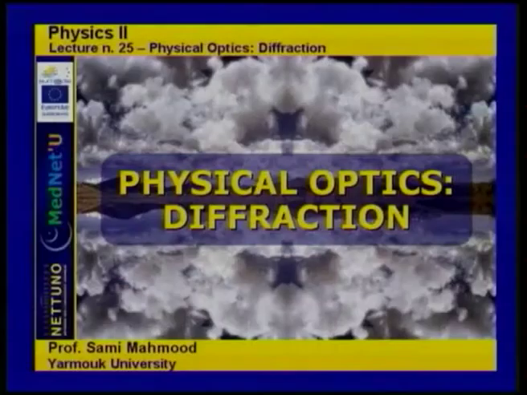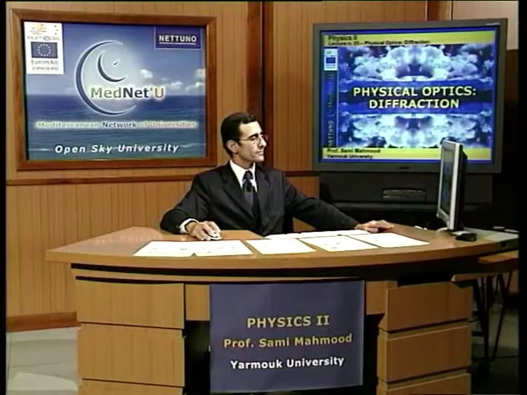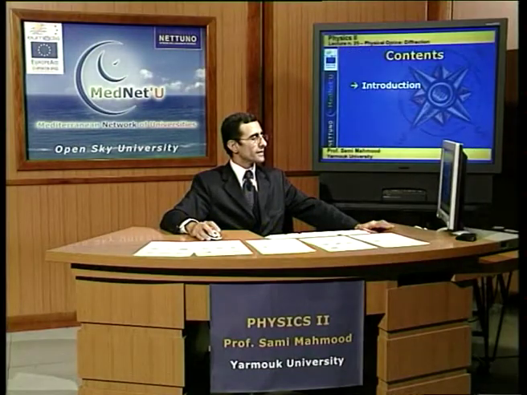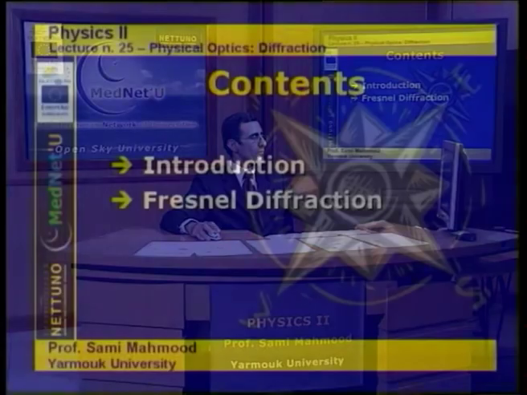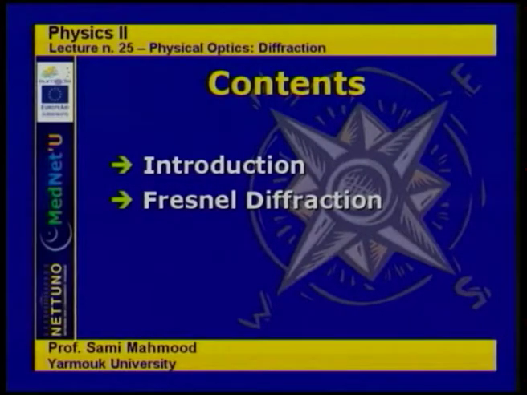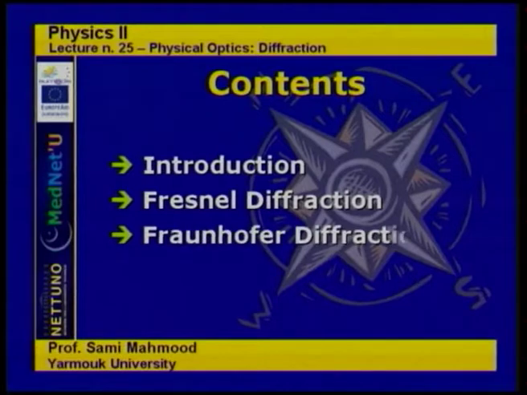Hello, welcome back to the second course in physics, and this is going to be the last lecture in this course. I will be discussing the last topic on physical optics, which is the topic of diffraction. In this lecture, I will introduce some historical background, and then we will discuss the Fresnel diffraction phenomenon.